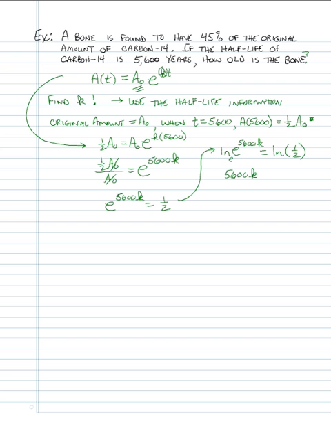We could go through the same steps that we've gone through before. And then to solve for k, of course, we would divide both sides by 5600. And then we would approximate the value of k. And we want several significant digits. So let me do this calculation.